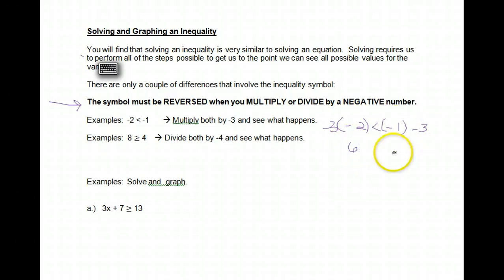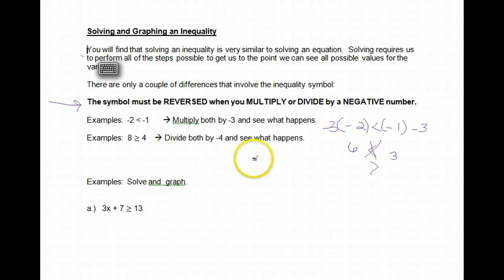A negative times a negative makes a 3. If I leave my symbol the same, that is no longer a true inequality because 6 is not less than 3. 6 is greater than 3. So we must reverse the inequality because a negative reverses the operation.